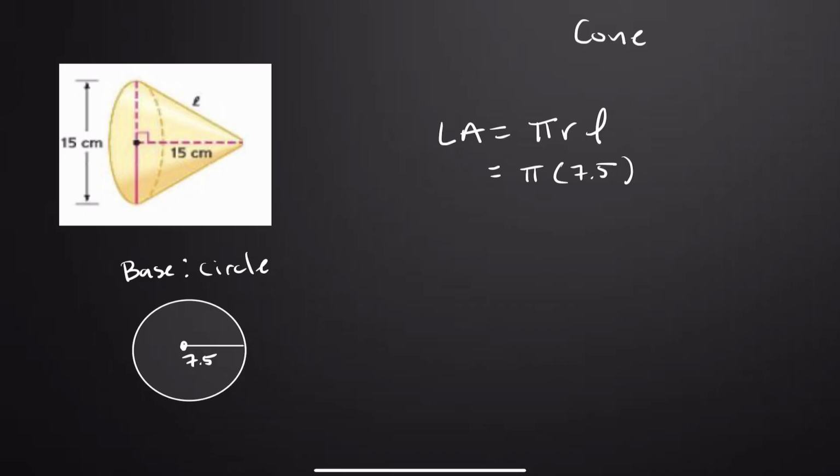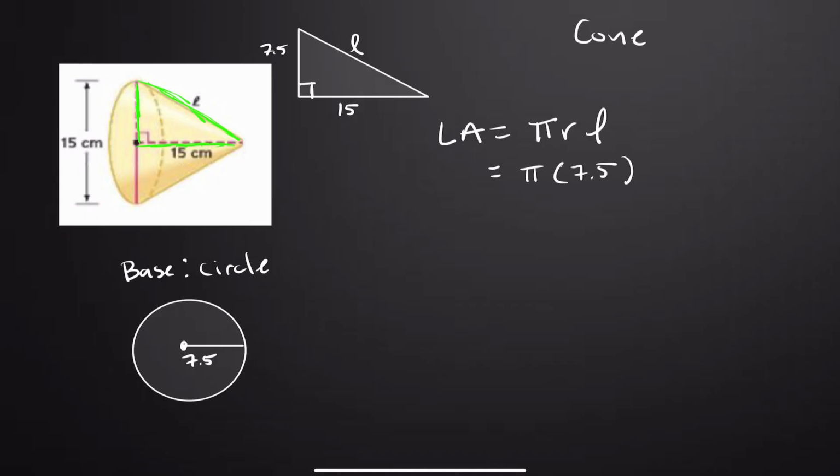Alright, so let me do this, because I can see we're dealing with a right triangle here. Okay, there we go. We have a right triangle, this is 15, and then from here to here, that should be 7.5, and this is the slant height. And I'm going to use Pythagorean theorem to figure this all out.